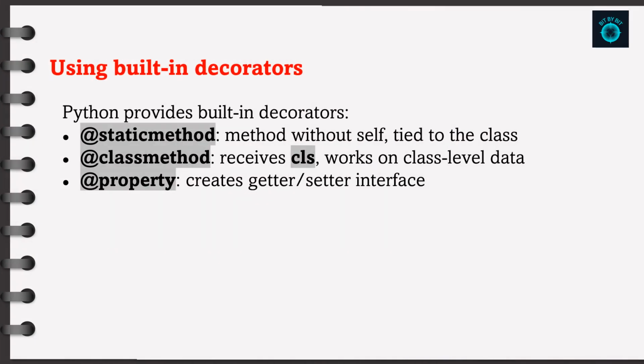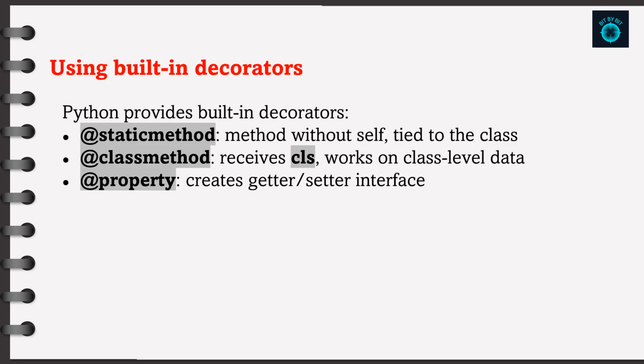Using built-in decorators. Python comes with several built-in decorators that are commonly used with class methods. The @staticmethod decorator is used when a method does not access instance or class data. It behaves like a regular function, but is grouped with the class for organization. The @classmethod decorator allows a method to receive the class itself as the first argument, typically called cls.